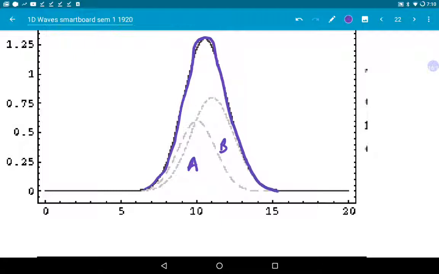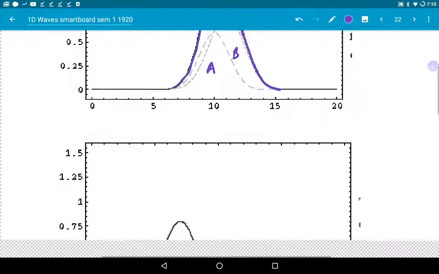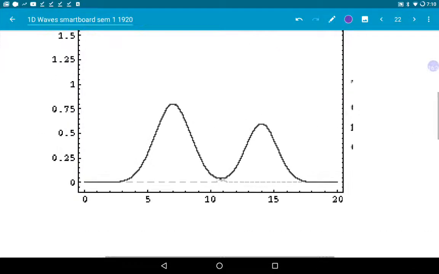So that's where they're constructively interfering perfectly. And then what happens is as they pass, you've got A continue on to the right, B continue on to the left.